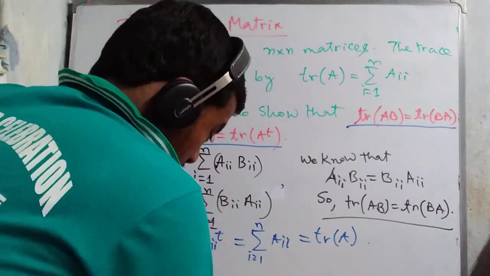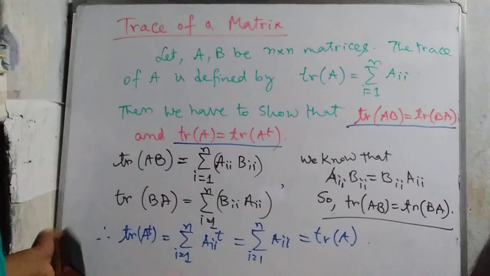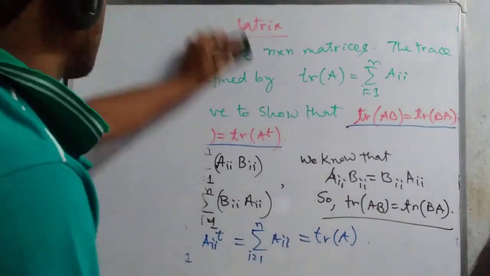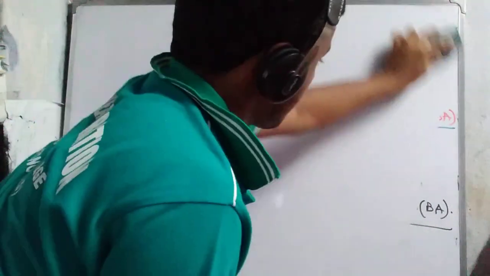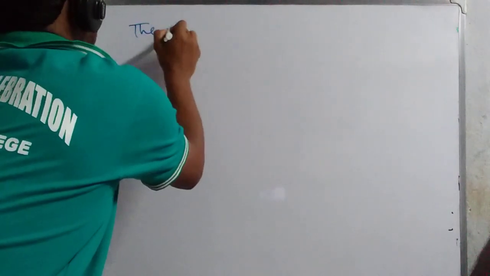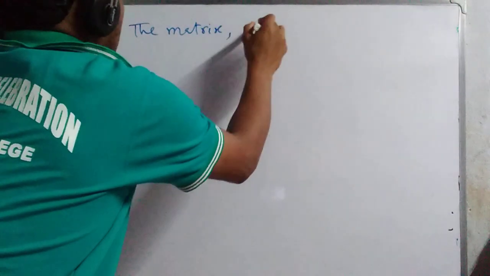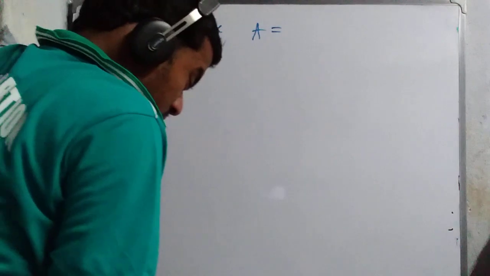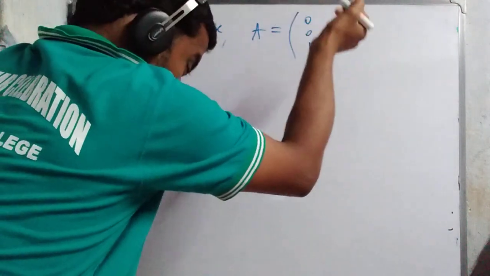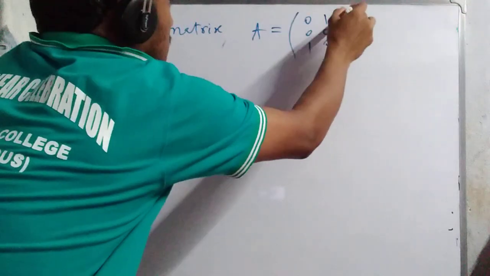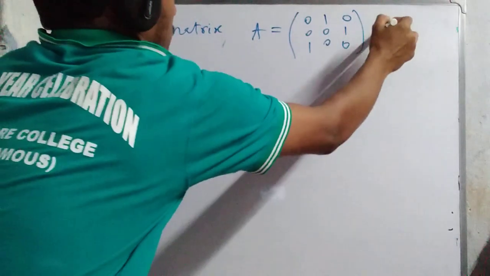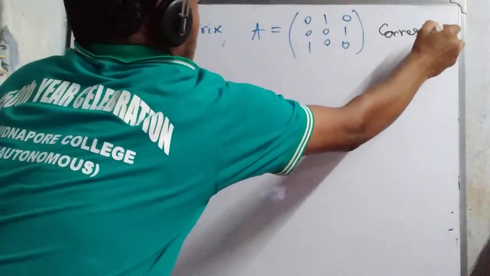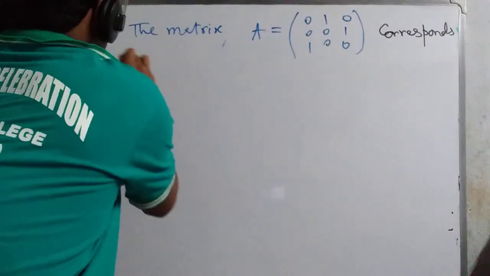Today we also discuss another problem related to dominance relation. Here the matrix A equals 0 0 1; 1 0 0; 0 1 0. This corresponds to a dominance relation.